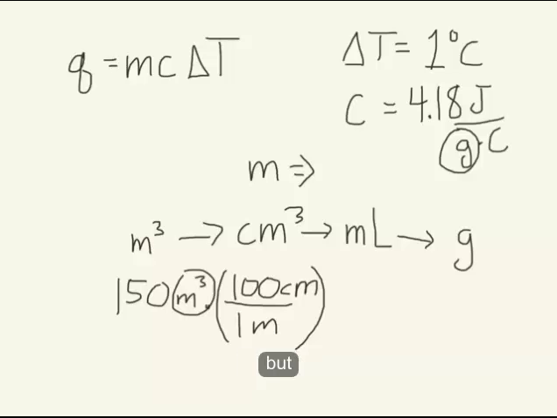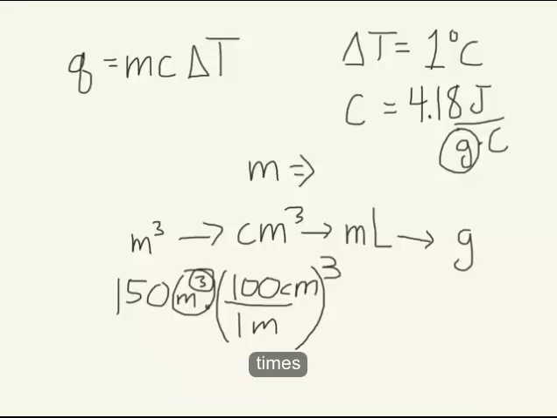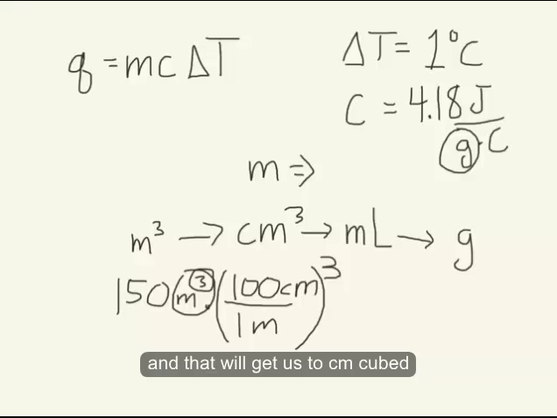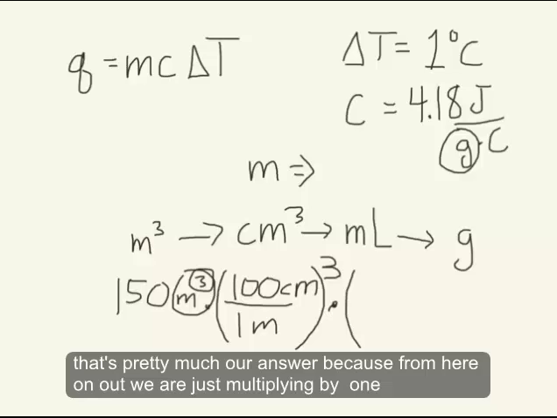But there are 3 meters up here, so we're going to have to multiply by this conversion factor 3 times. And that will get us to centimeters cubed. And then that's pretty much our answer, because from here on out we're just multiplying by 1.